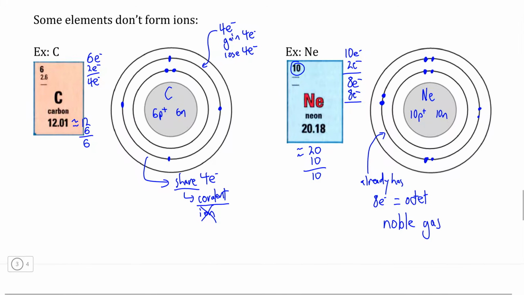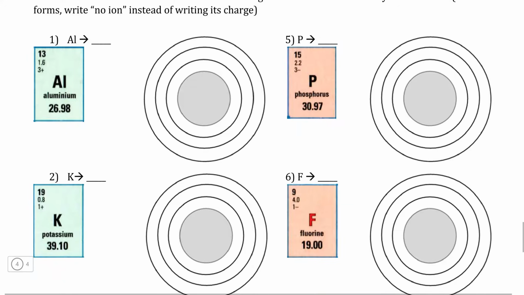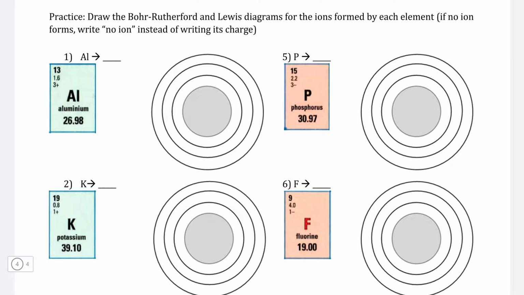This concludes our short review series on atomic structure and constructing Bohr-Rutherford and Lewis diagrams of atoms and of ions. Now, before you move on to the first formal series looking at the formation of ionic compounds, make sure that your foundation of ion formation is solid by trying the 8 practice problems below.